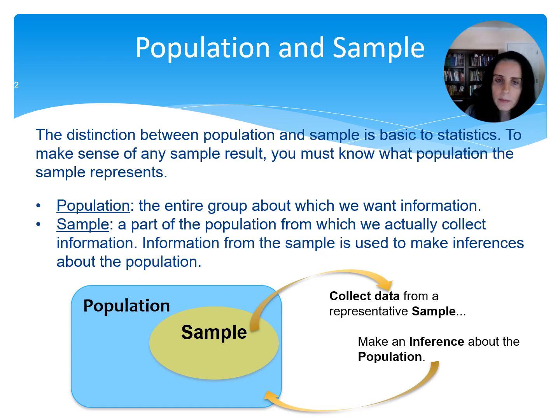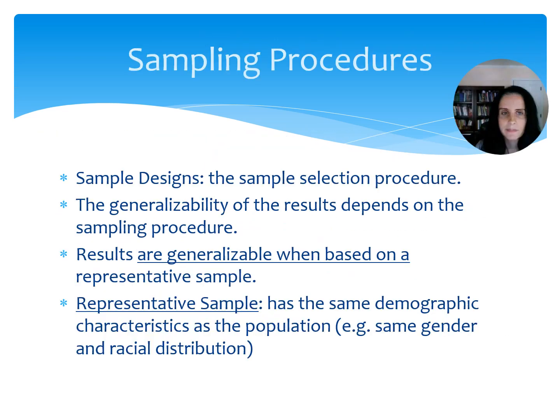Information from this subgroup is then used to generalize the results, to draw conclusions about the entire population. The process of drawing conclusions about a population based on a sample of data is called inference because we infer information about the population from what we observe in the sample.